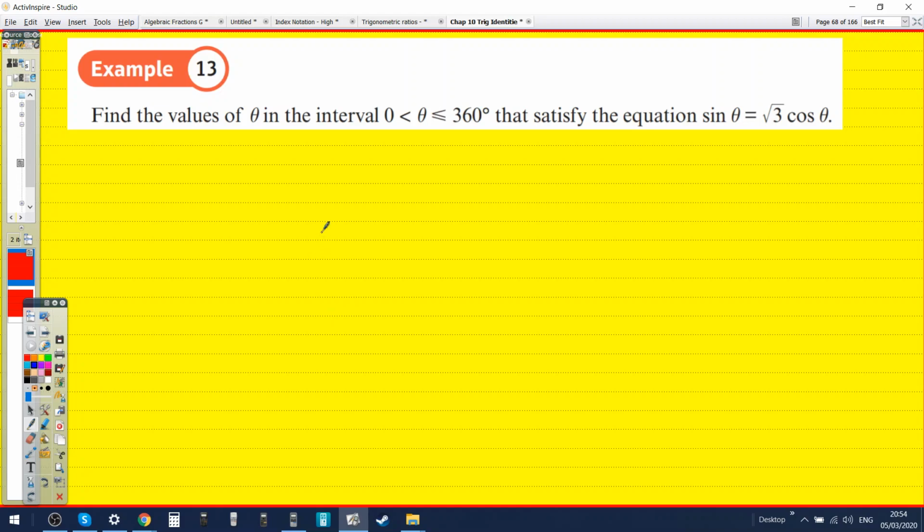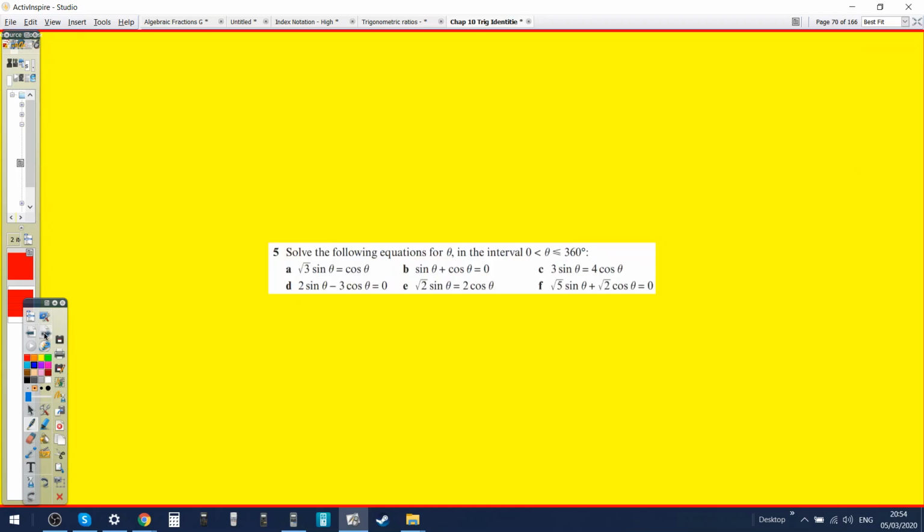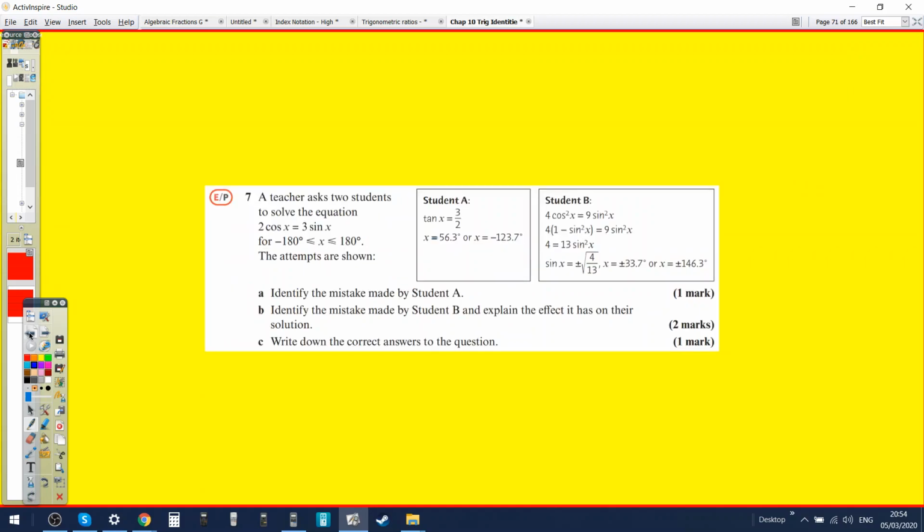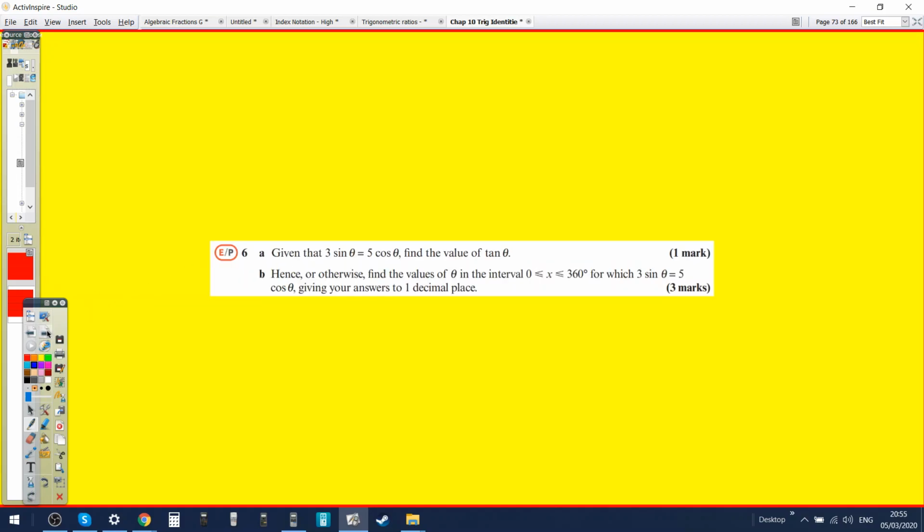I'd divide by cos maybe to get tan, but I'm not 100% sure. That's right. Divide by cos theta, and so you get tan theta equals root 3, and then you just solve that. That's okay. Yes, that's fine.